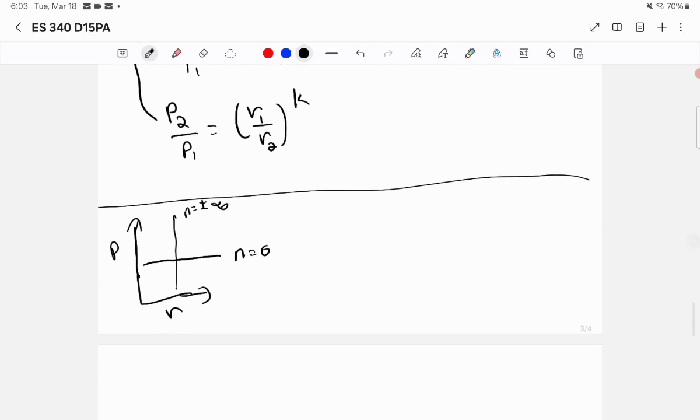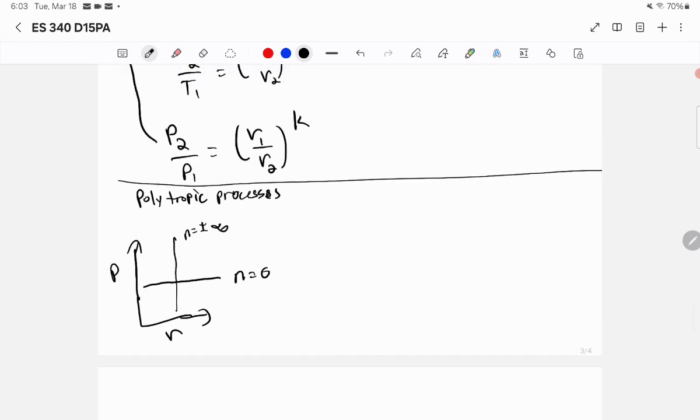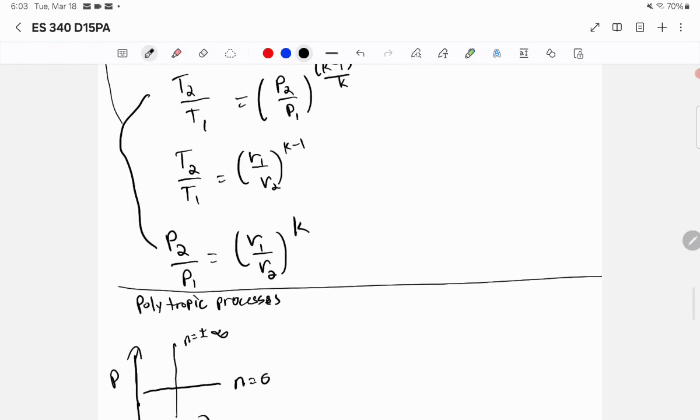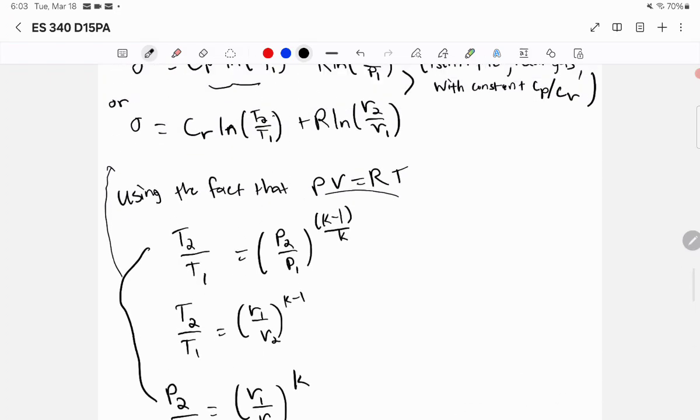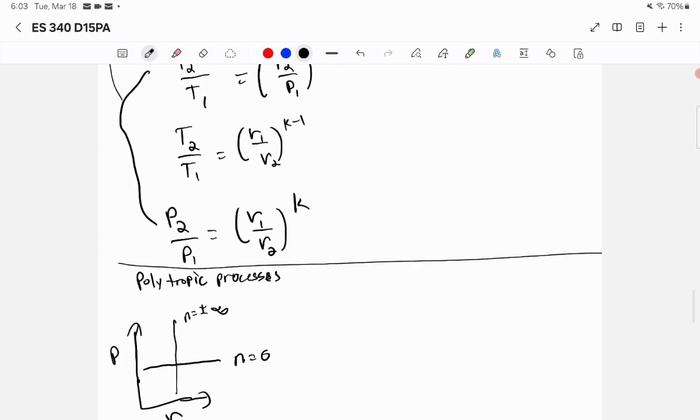What am I talking about? Polytropic processes. I should have mentioned this first, but the reason I'm talking about this is that we can actually relate n and k from this one.